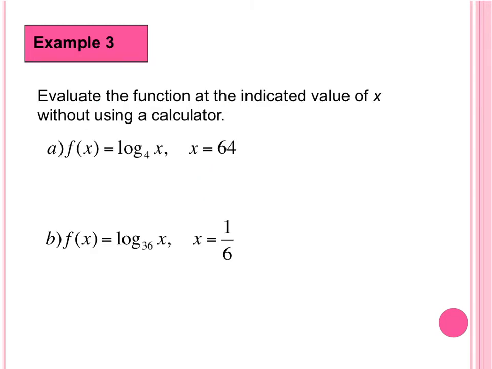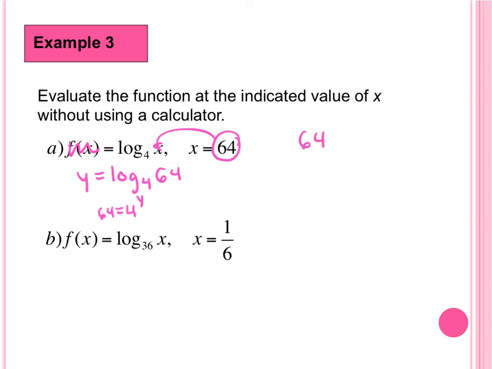For the next two examples, we have to evaluate the function at the indicated value of x without using a calculator. So we're going to take this x and plug it in for x, and I'm going to call this f of x y, because f of x is just a fancy way of saying y. So y is equal to log base 4 of 64. Putting this into exponential form to solve it, the 4 stays in the middle, 64 goes out front, y goes in the back.